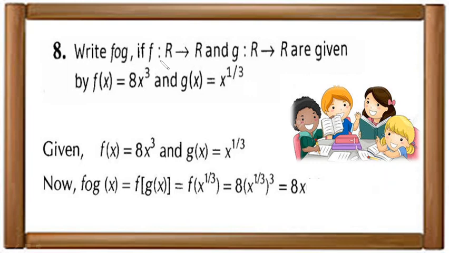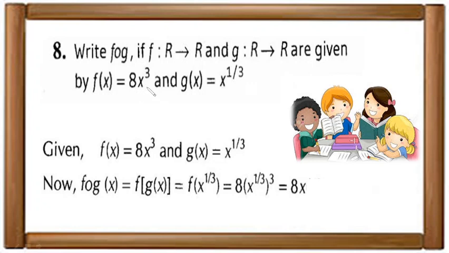Question number 8. Write fog if f is defined from R to R, g is also defined from R to R, and the functions are given as f(x) = 8x cube and g(x) = x raised to the power 1 by 3. We have to find fog x. It means f of g(x). First of all, let's replace g(x) with the given function, which is x raised to the power 1 by 3. Now let's treat it as the input to f(x). What is the function f(x)?